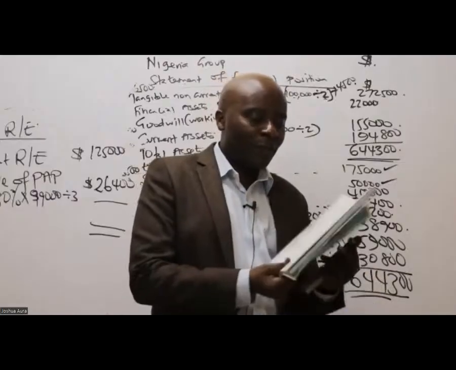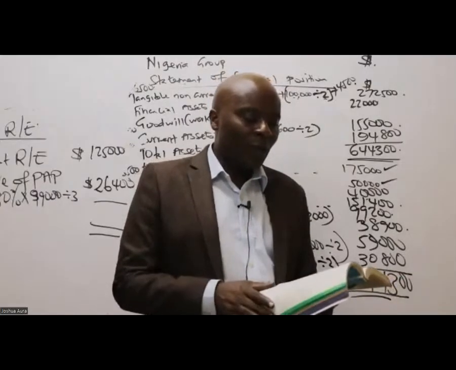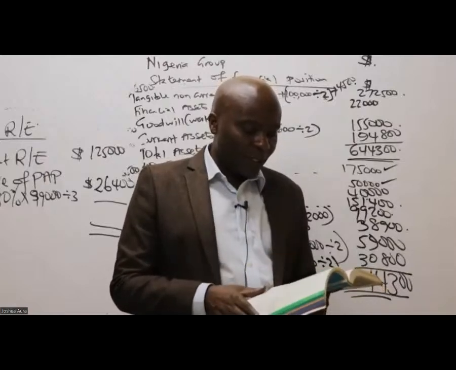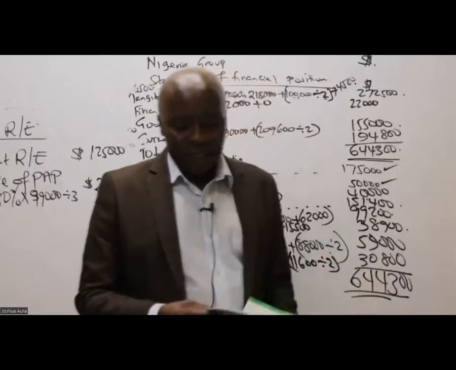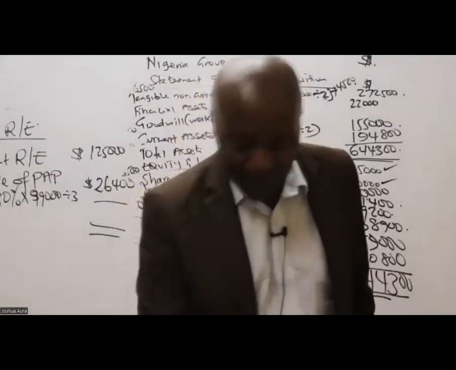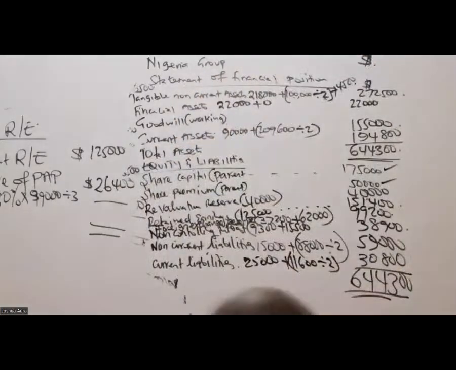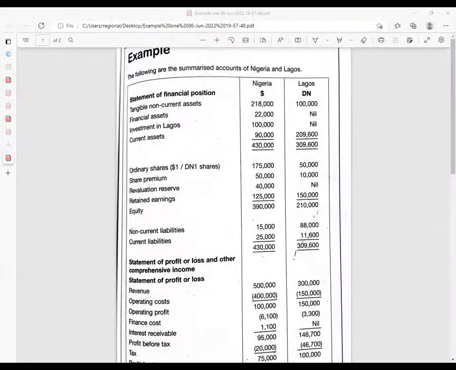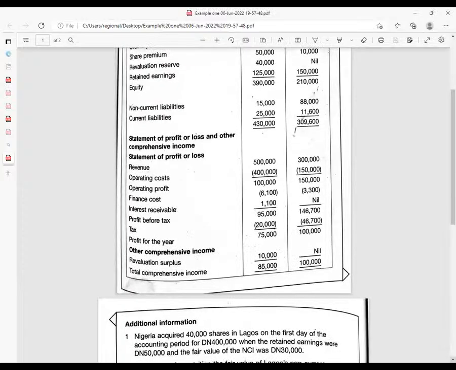Now, ladies and gentlemen, given this little time left, we need to go ahead and capture the income statement. The income statement is very easy. This is the easiest, the consolidated income statement. We are told they have given us a statement of profit and other comprehensive income.